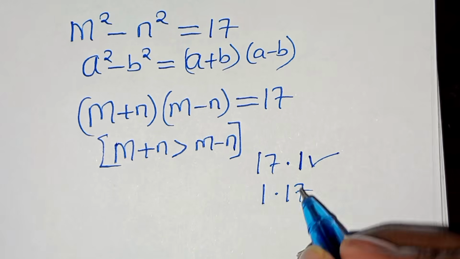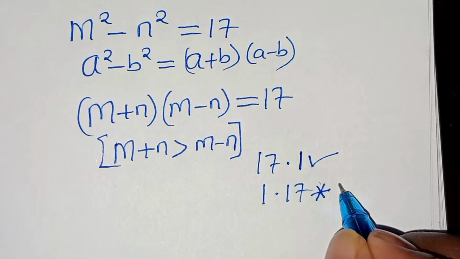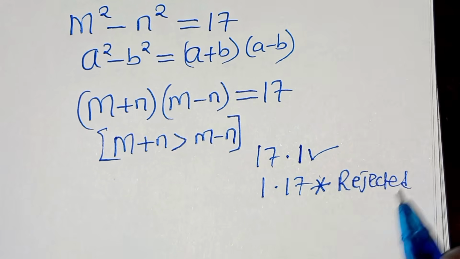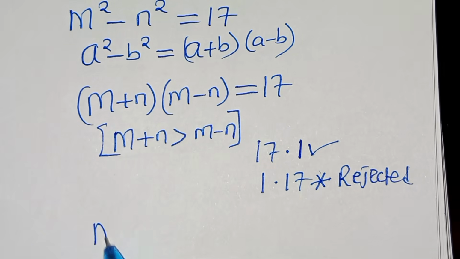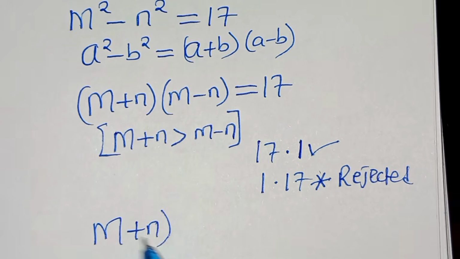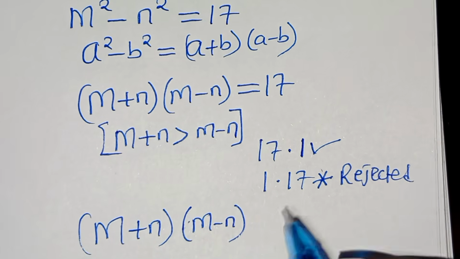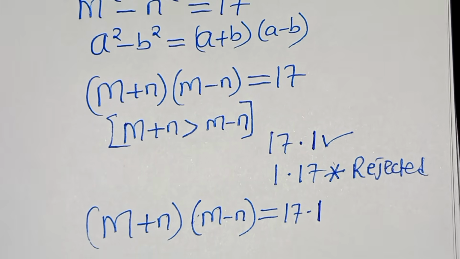And 1 is less than 17, so this does not satisfy the condition, and therefore this case is rejected. So we only have one case here, that is m plus n multiplied by m minus n is equal to 17 multiplied by 1.